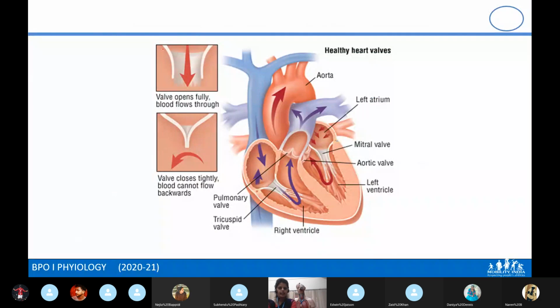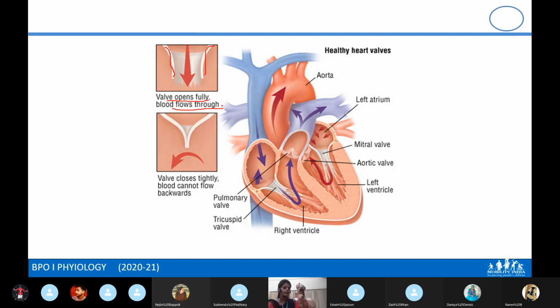Next, what you are seeing here is a valve. It's a smooth structure which is very flexible. If you look in the mirror today and open your mouth, inside under the tongue there is a soft structure present. Similarly, the structure present between the atria and ventricle is called a valve. Here the valve opens fully and blood flows through.